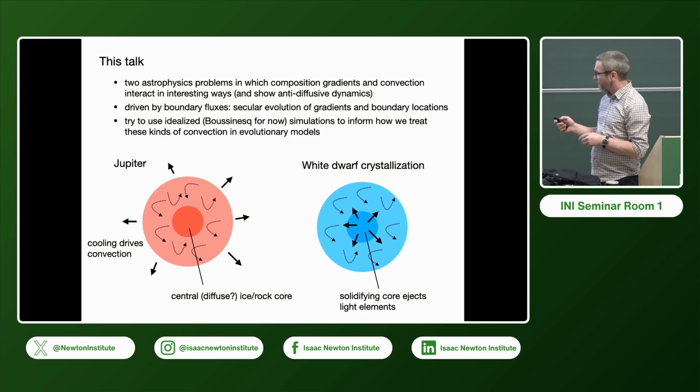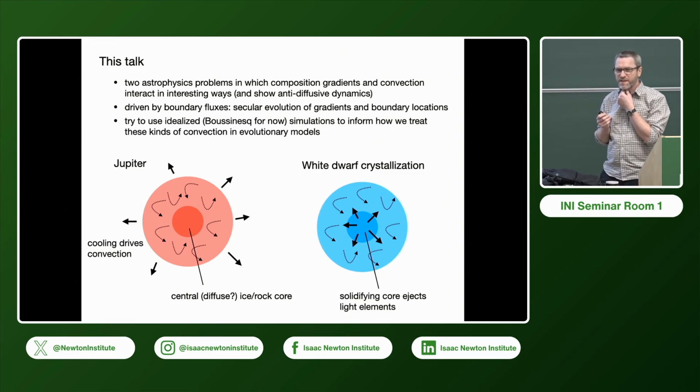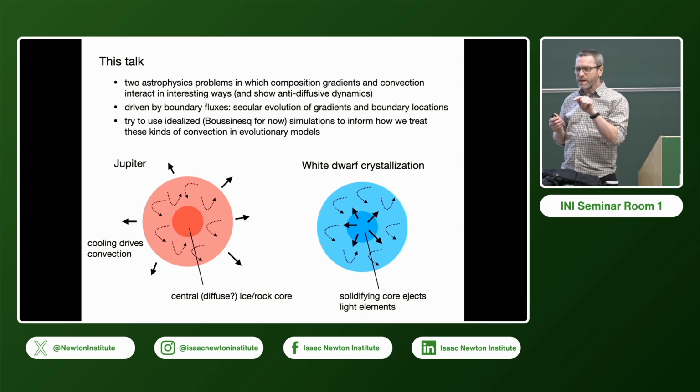At this interface, there's a growing solid core. At the interface, you're injecting light elements. You can drive compositionally driven convection. And the reason I wanted to talk about it a little bit is that I think it's a really interesting regime of convection that I don't think happens anywhere else, which is that I'm driving convection with composition, but I'm doing it in a situation where I'm very thermally stable.